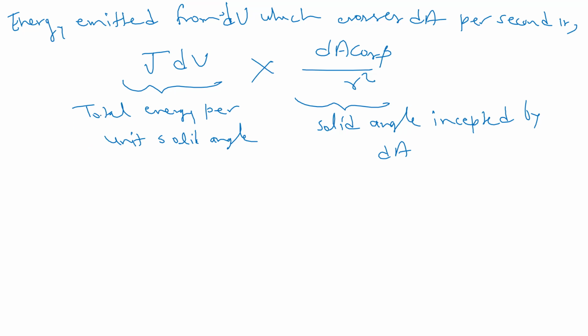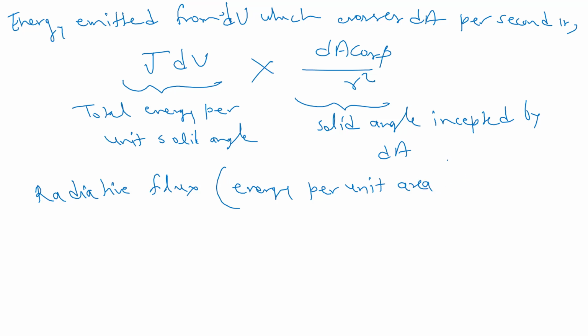So integrating this whole energy and dividing by dA, we can get the radiative flux. This is nothing but energy per unit area per second.